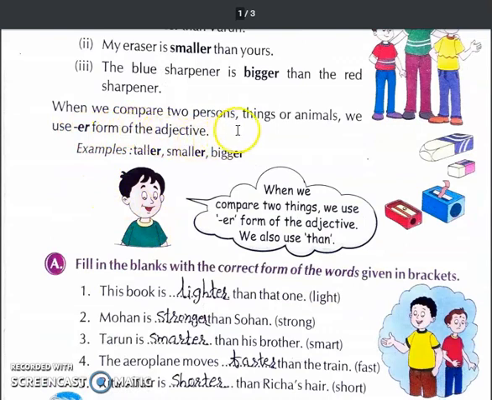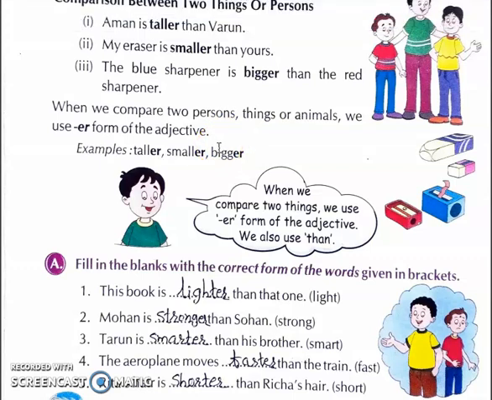When we compare two persons, things or animals, we use ER form of the adjective. Now all of you know the adjective. What is adjective? Adjective means describing words. So here we are adding ER to the form of adjective.